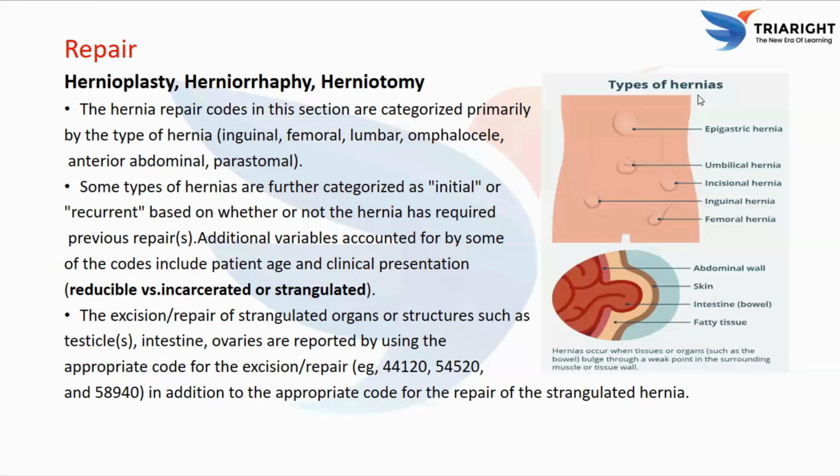And at the right side, you can see the picture of types of hernias. Here you can see where the types of hernias are located within the human body. The cross-sectional image shows the skin, abdominal wall defect, herniated intestine and also fat tissue. This helps you to visualize where the hernia occurs and why the repair is needed.